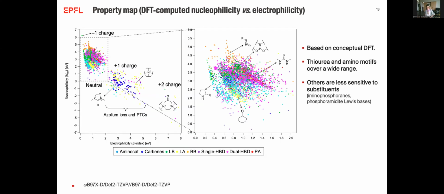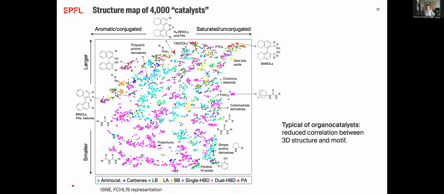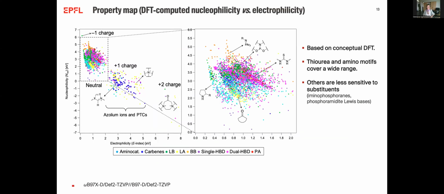In addition to providing the structures of these so far 4,000 catalysts, we also have some properties. Here you have electrophilicity and nucleophilicity that can be computed based on conceptual DFT.